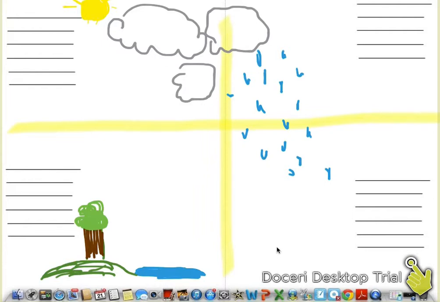All right, in the bottom right area, I'm going to draw a little hill with land. And I'm also going to add on my water is going to carry over there as well. It's water.